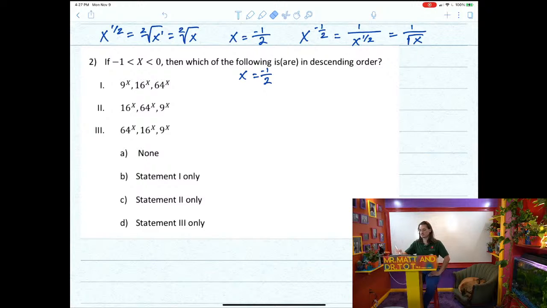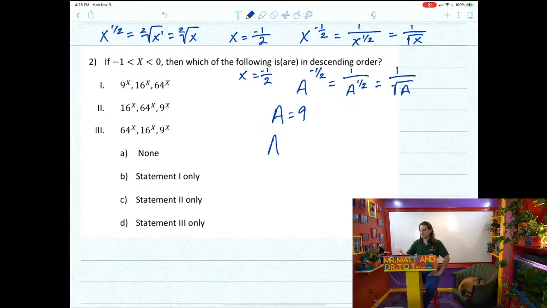So a to the -1/2 power is equal to 1 over a to the +1/2 power, which is just 1 over the square root of a, where a is equal to 9 or 16 or 64.